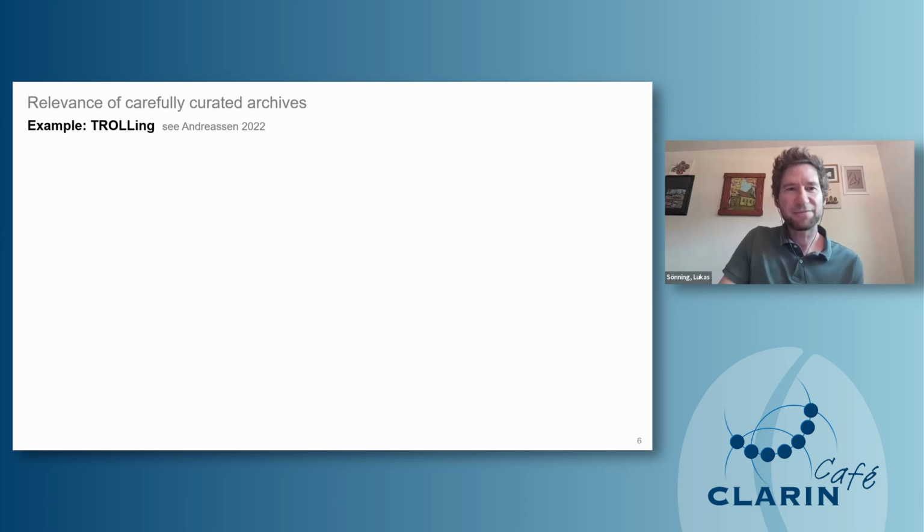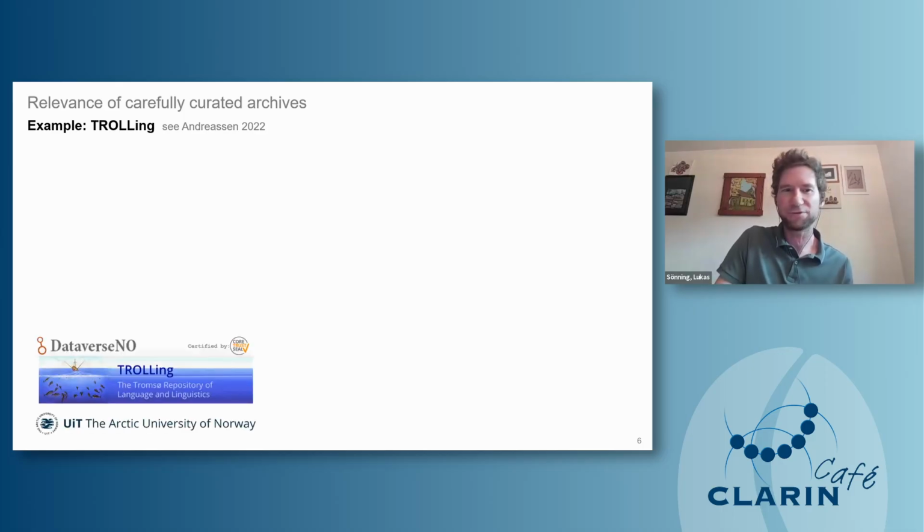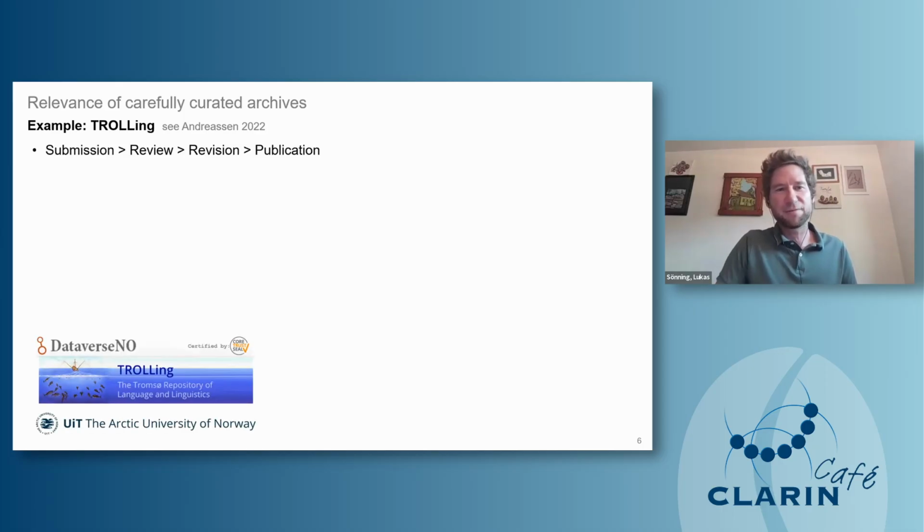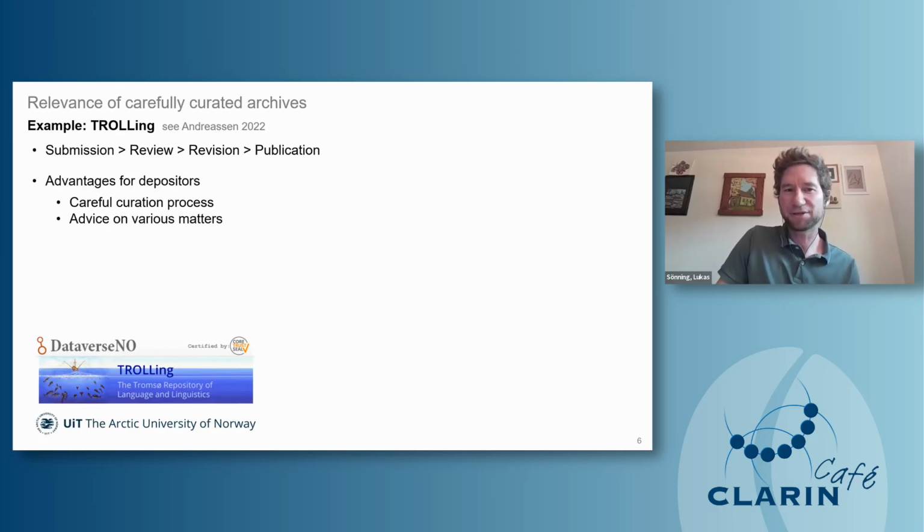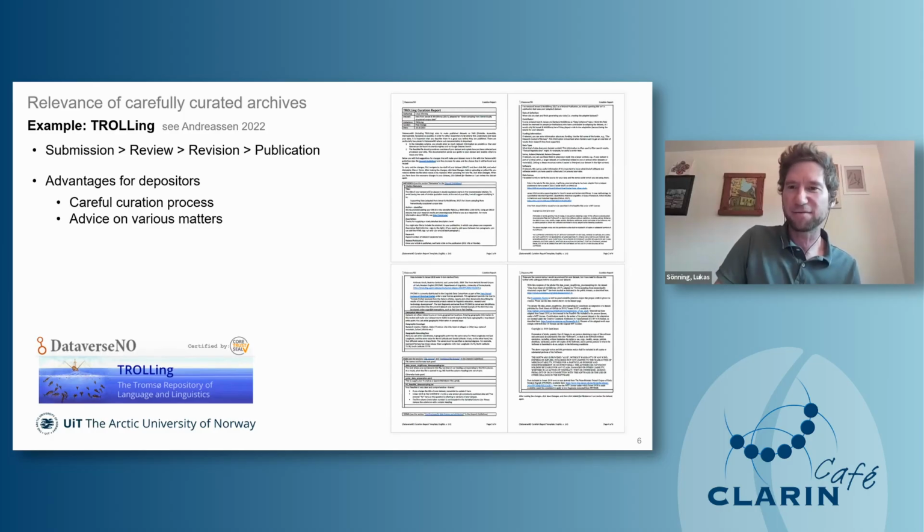The second point concerns the relevance of carefully curated repositories, and the example here, which I used, is TROLLing. And there, a data set undergoes a pretty thorough review process. And as a depositor, you get very detailed feedback on various aspects. So this is the 4-page curation report I received.